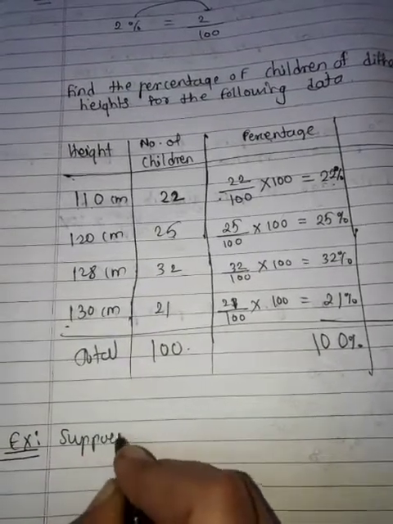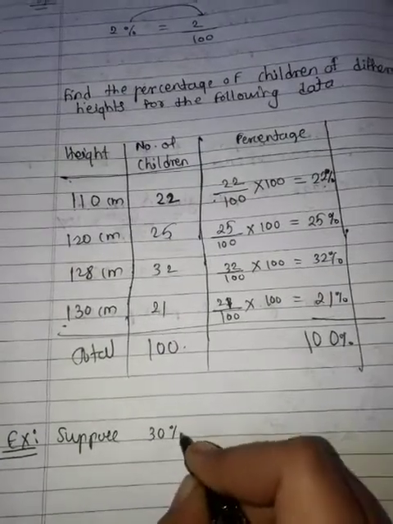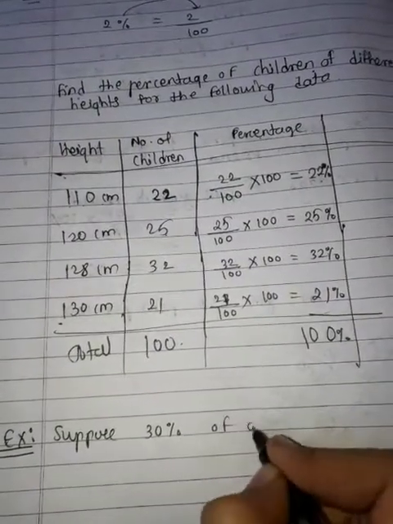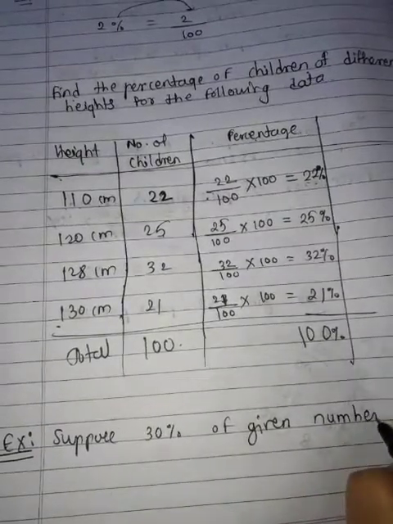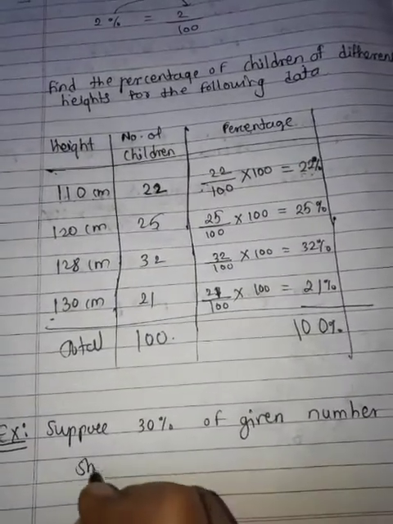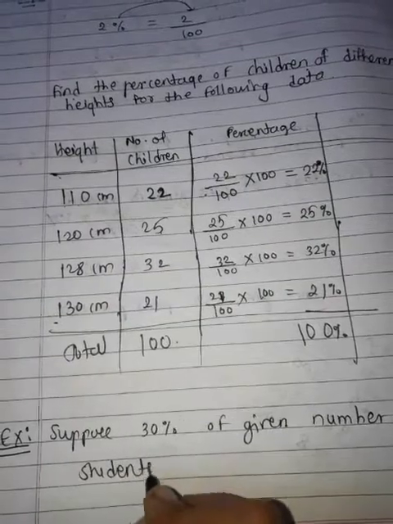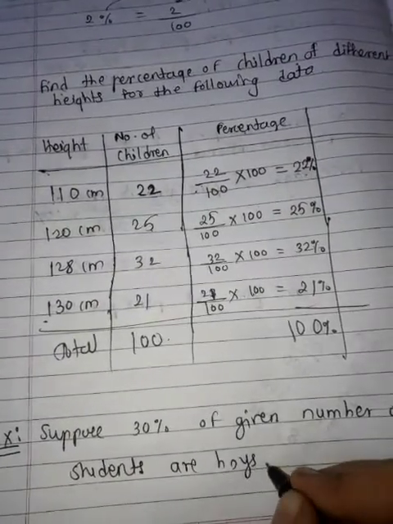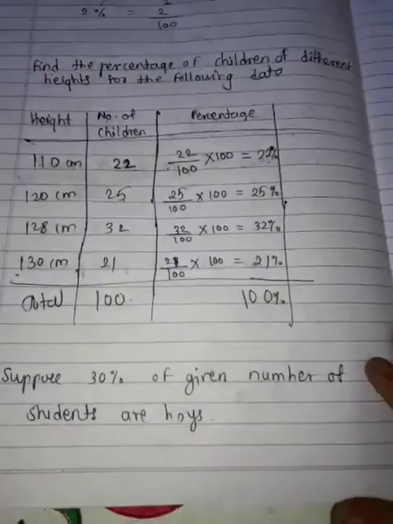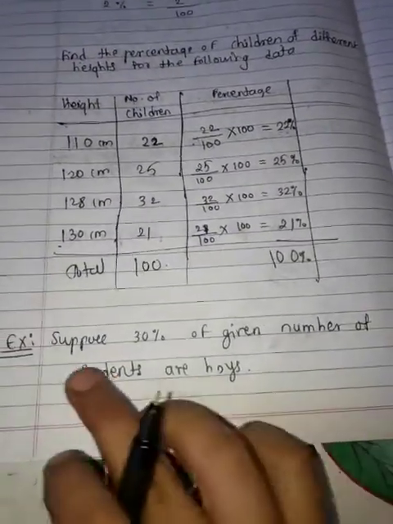Now see that example. Suppose 30% of the given number of students are boys. See that example.